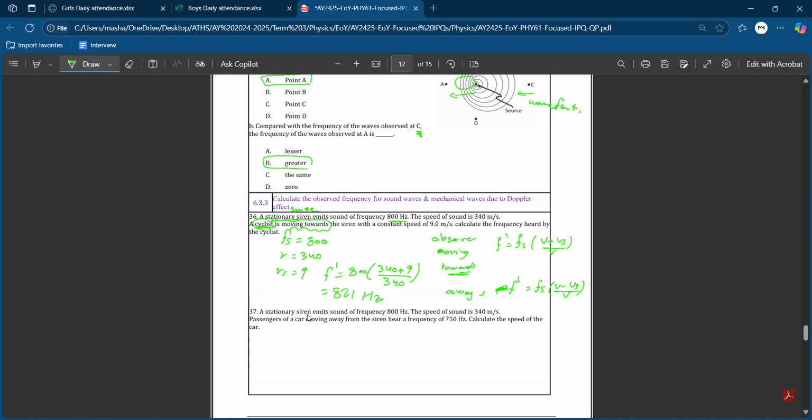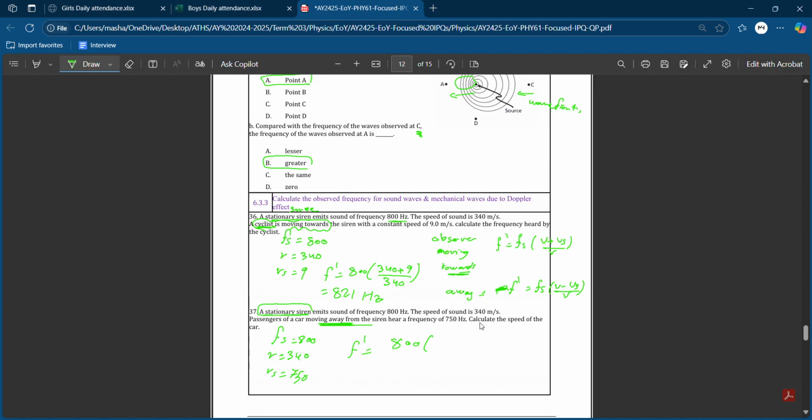A stationary siren, the source is not moving. We have fs equal 800. We have the speed v equal 340. The passenger of a car moving away, the observer is moving away, we have the hearing frequency 750. Again, it's 800. This time he needs what?